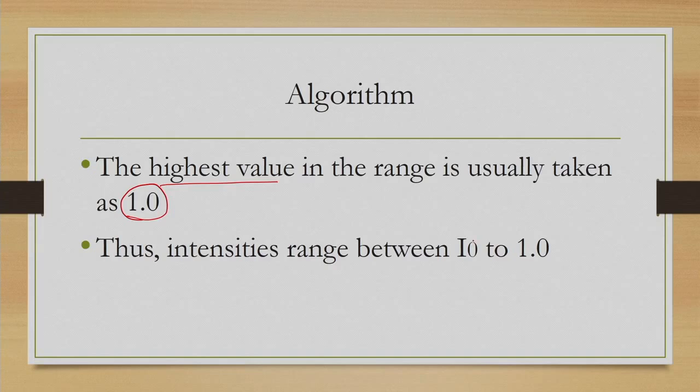So, the intensities range between I0 and 1. This is the dynamic range, and the I0 value we can obtain by using the particular device called a photometer.